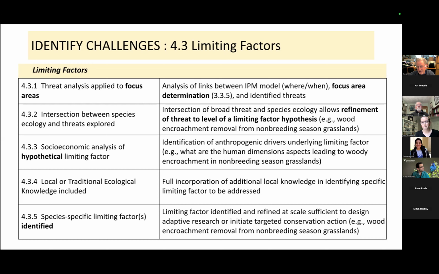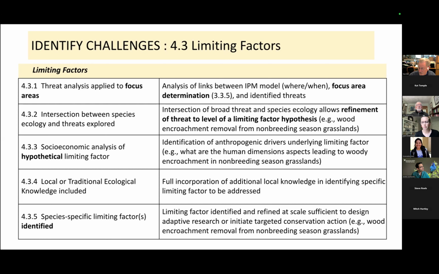The link between the focus area and the limiting factor is really important. So limiting factors can be different in different places. And so I think it's hard to identify a limiting factor, but recognizing the fact that they may be slightly different in different parts of the bird's range or geography, or non-breeding versus breeding season, is really critical.